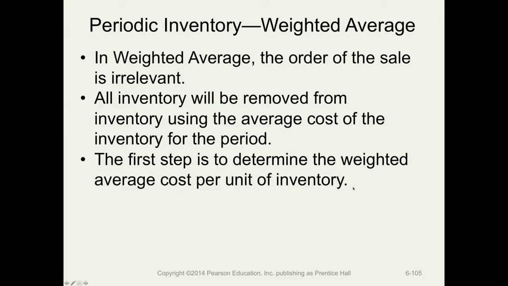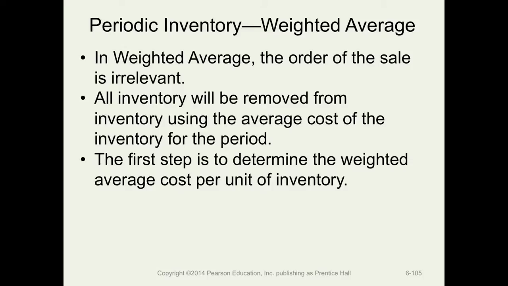And finally, in a periodic inventory system, under the weighted average approach, we know that the inventory is going to be calculated at an average cost, which is equal to the ratio of the cost of goods available for sale over the number of units available.